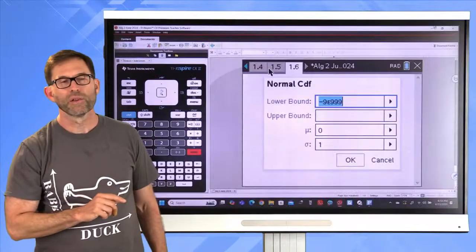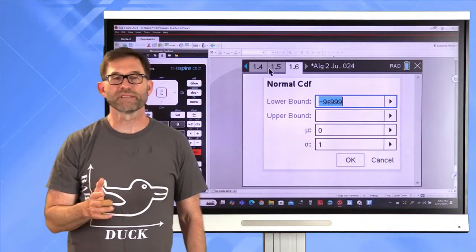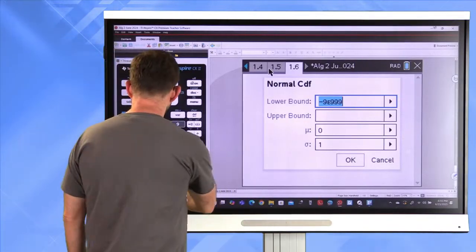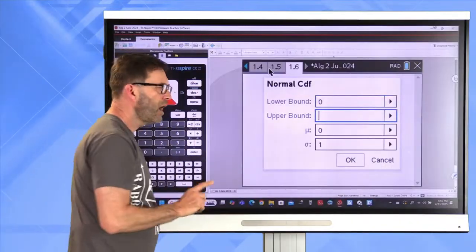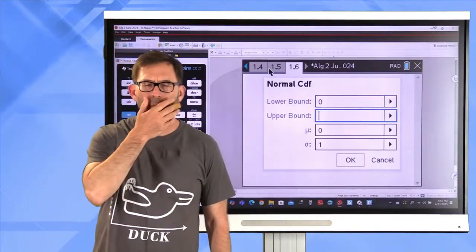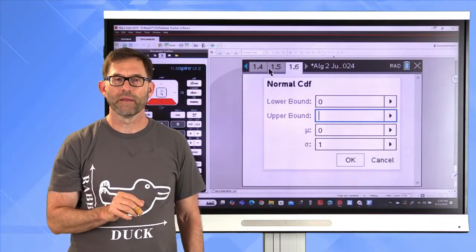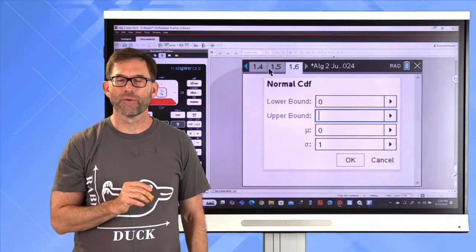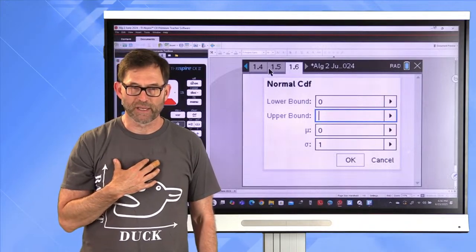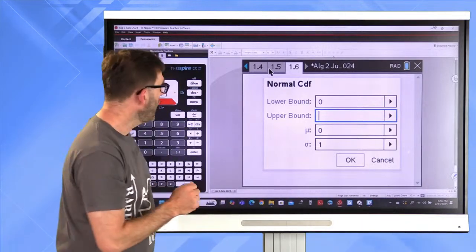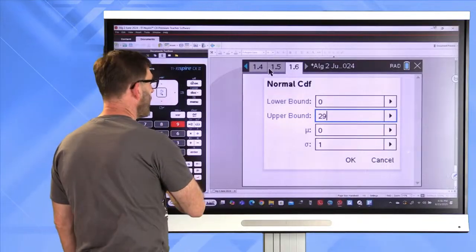All right, lower bound. Well, nobody's less than 0 years old, so I'd put 0. Upper bound. Well, we want the people that are younger than Ryan, and Ryan is 30 years old. So my initial instinct here was to put my upper bound in at 29.